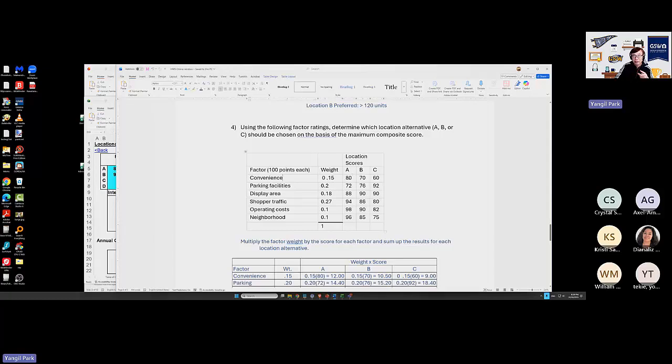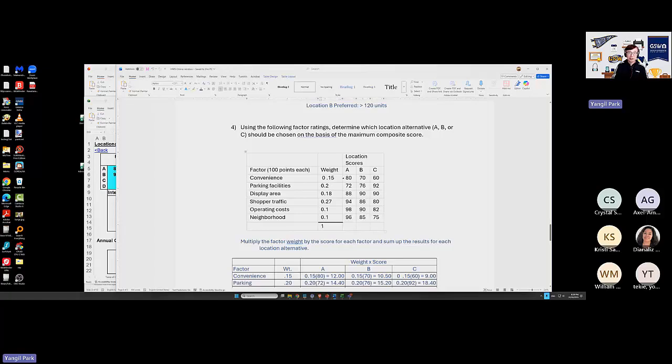So they got 80, 70, 60 for convenience, parking, display, shopper traffic, operating cost, and neighborhood quality. So they have all those scores. And they have weights depending on the importance. The sum of those weights must be 1, just like 100%.